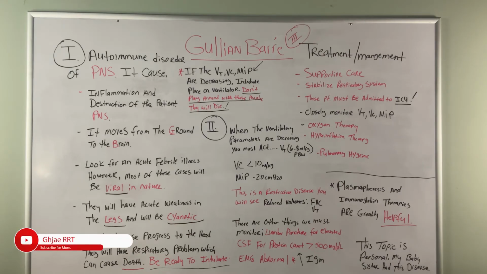Now, there are other things that we must monitor when we are caring for the neuromuscular patient, specifically your patient with Guillain-Barre. We do what is called a lumbar puncture. And when we do a lumbar puncture, we are actually looking for protein in the cerebrospinal fluid. If the protein count is greater than 500 milligrams per deciliter, then your patient has Guillain-Barre.